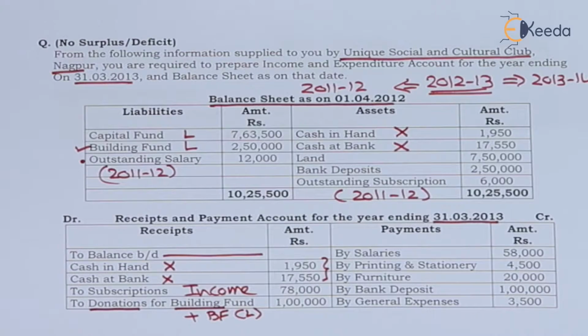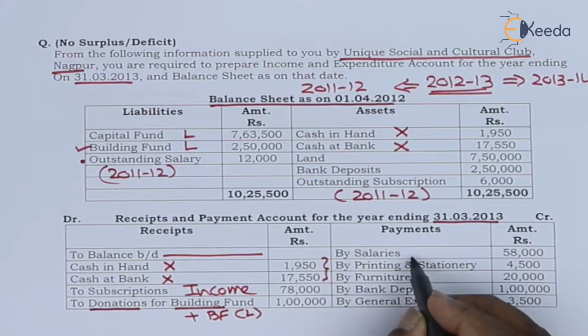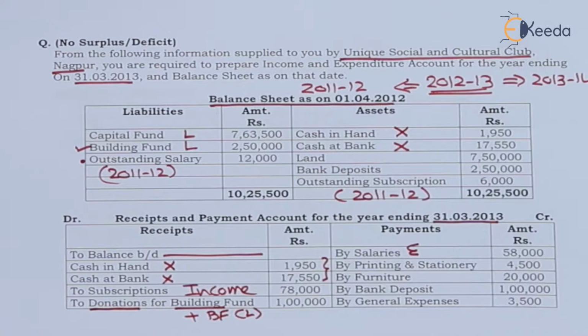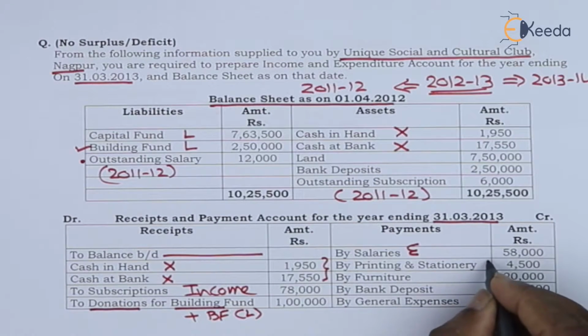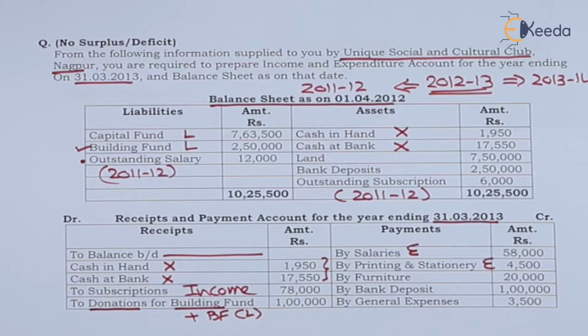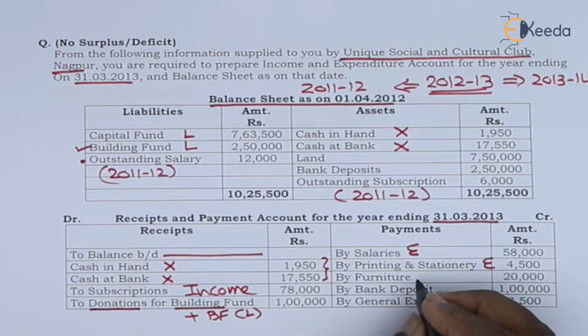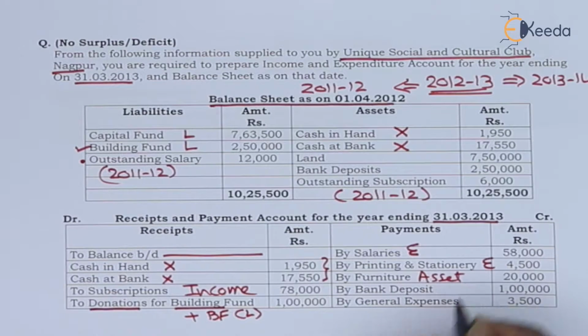Let us go through the items of payments. Salaries will be recorded as expenditure. Printing and stationery will be recorded as expenditure. Purchase of furniture, this is the purchase of a new asset, furniture. Bank deposits, it's an investment, it will be recorded as an asset.